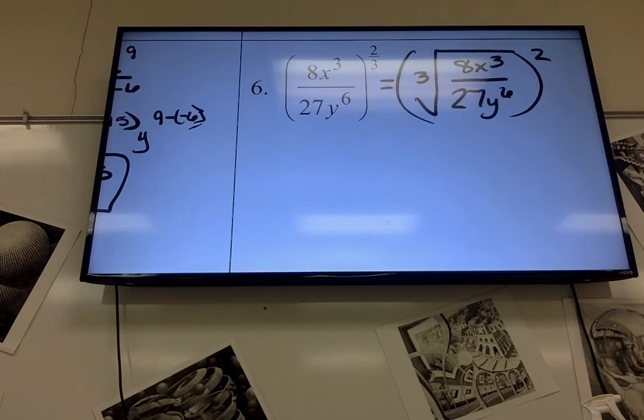Now, when you're taking the cubed root of a fraction, that means you're really taking the cubed root of the top and the bottom, and squaring.